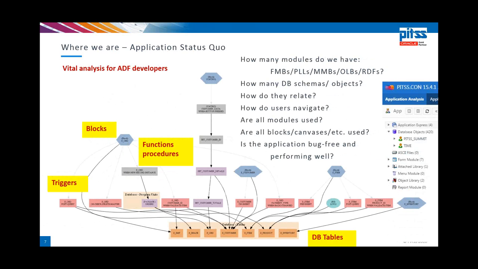This time I have a smaller module so that it fits the PowerPoint slide. You see blocks containing items, triggers, firing a chain of program units, going down to the database objects, manipulating table data. This is what I need to know when understanding the functionality and thinking how to redesign it to make it even nicer. This insight is necessary for each and every module we analyze before writing one single line of code.